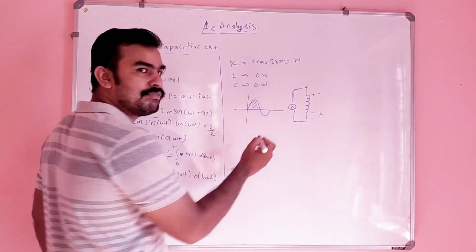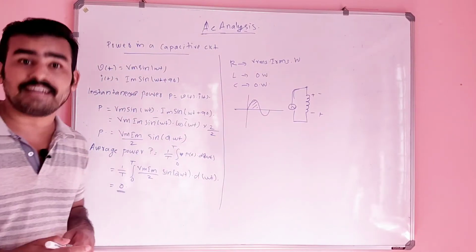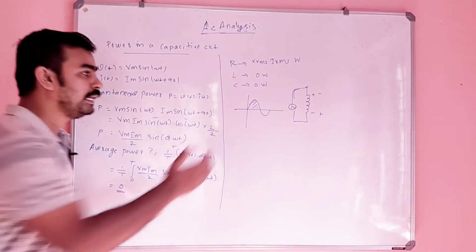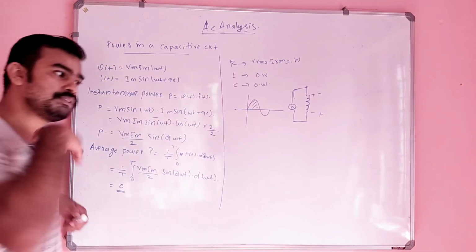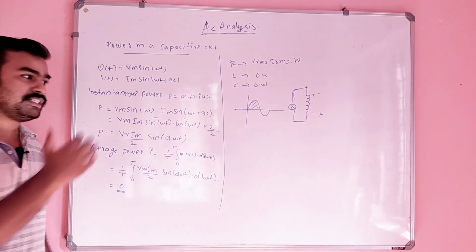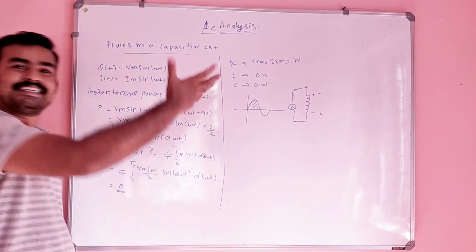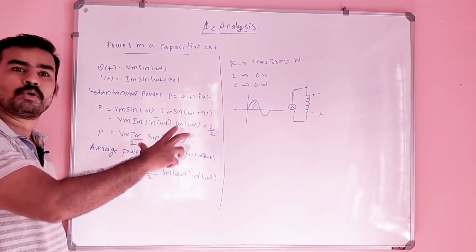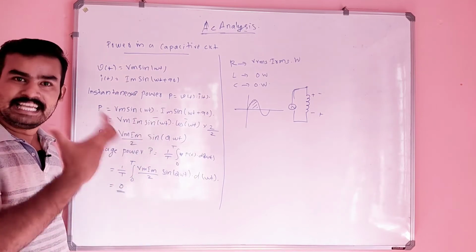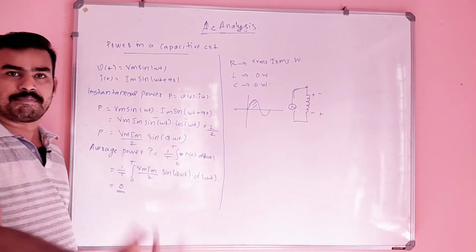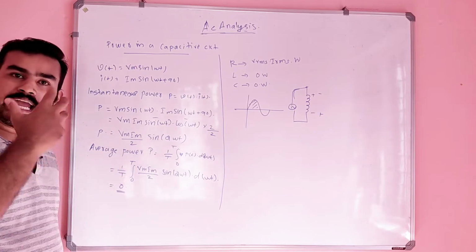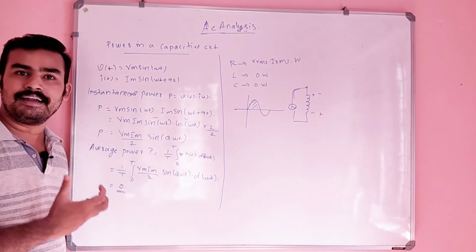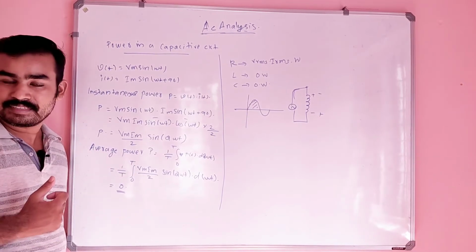So for the positive half cycle, it may store some charges in its plates. But for the negative half cycle, the same charge it starts releasing. That means there is no storage of charges in a complete cycle across a capacitor, or no energy in a complete cycle in the case of inductor.